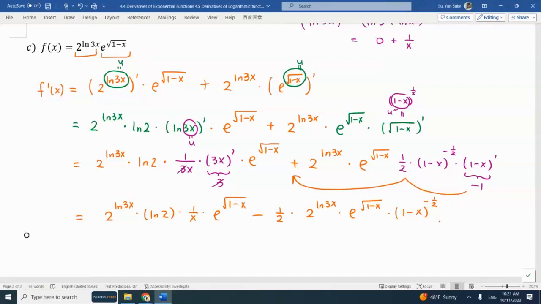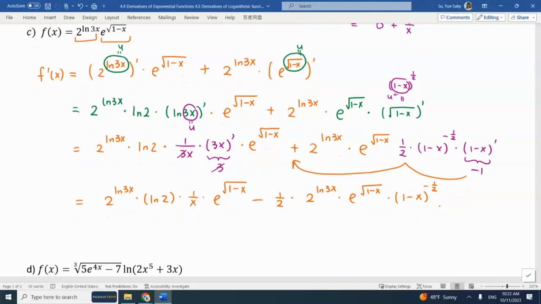So for derivative, any function you can always find its derivative. It's just the process. If the problem is complicated, then the process is long. So you look at it from the outside to the inside, and you do it step by step. Each step just do one thing. Okay? And for the factor with no prime, just copy it, and then you look at the factor with prime, you differentiate. Okay, everybody?